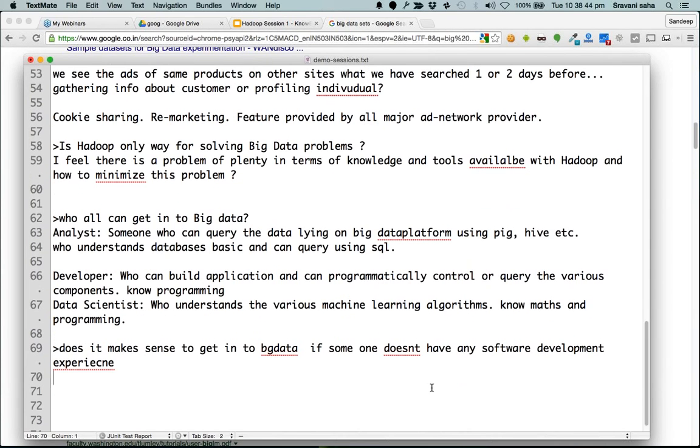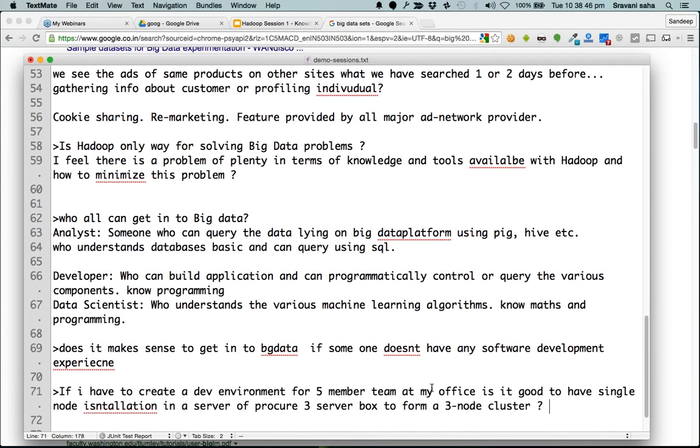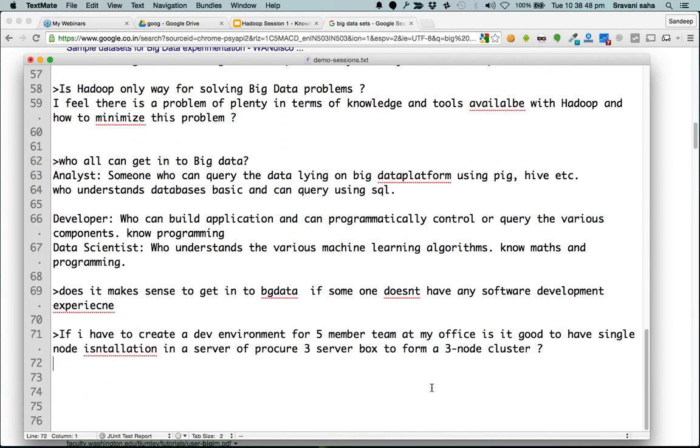Now there is another question from Vinod. The question is, if I have to create a dev environment for a 5-member team at my office, is it good to have a single node installation on a server or procure 3 server boxes to form a 3-node cluster?